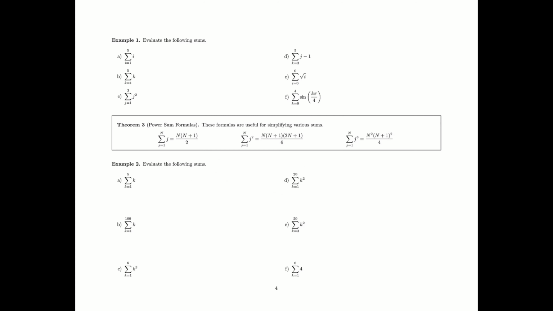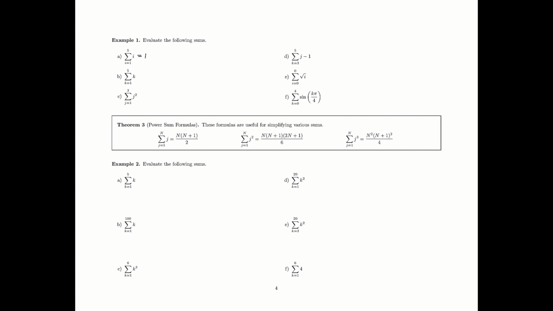Let's take a look at these examples here. Evaluate the following sums. Here our function is just a of I equals I. So in other words, we're supposed to just plug in these values. If we plug in I equals 1, what do we get? We just get itself, 1.